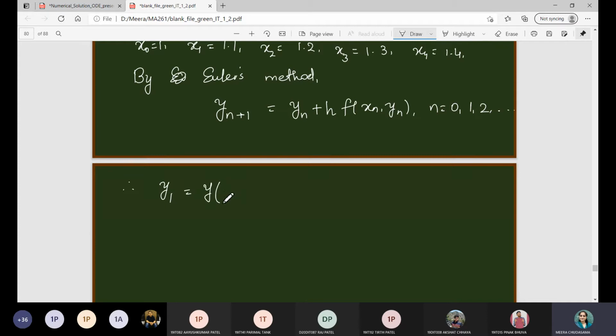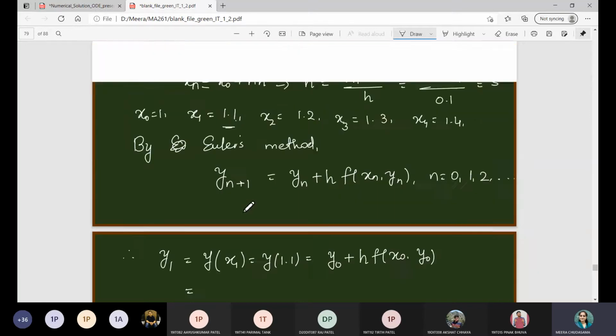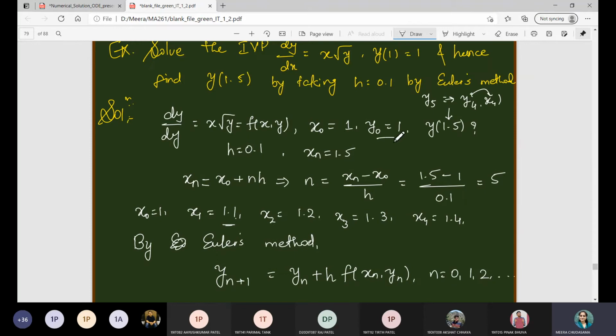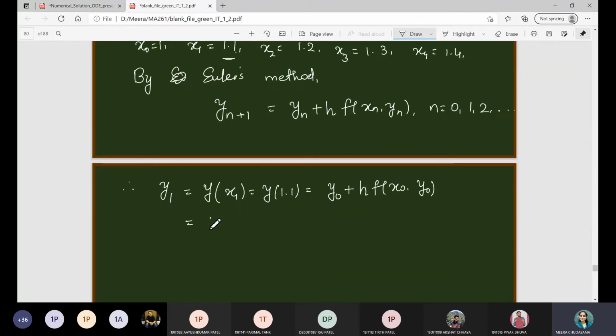By notation, it is y at x1, that is y at 1.1. By the formula it will be y0 plus h f at (x0, y0). What is y0 we are given? y0 is 1. So it is 1 plus the step size we are given, 0.1, times f at (x0, y0).